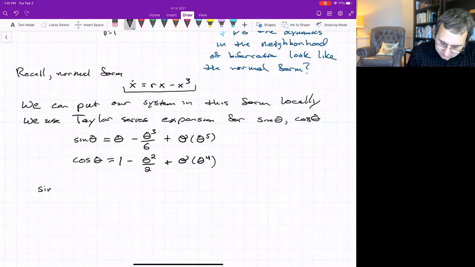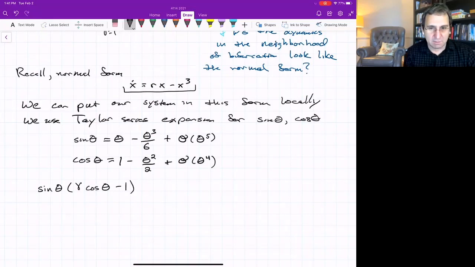So we can now take sine theta times gamma cosine theta minus 1. Remember, that's what f of theta was.